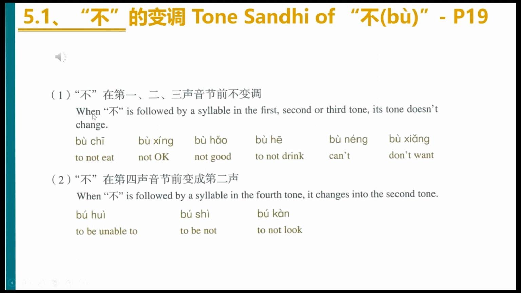For example, the original sound of 不 is in its fourth tone. When 不 is followed by a syllable in the first, second, or third tone, its tone doesn't change. But when 不 is followed by a syllable in the fourth tone, we change its tone into the second tone.